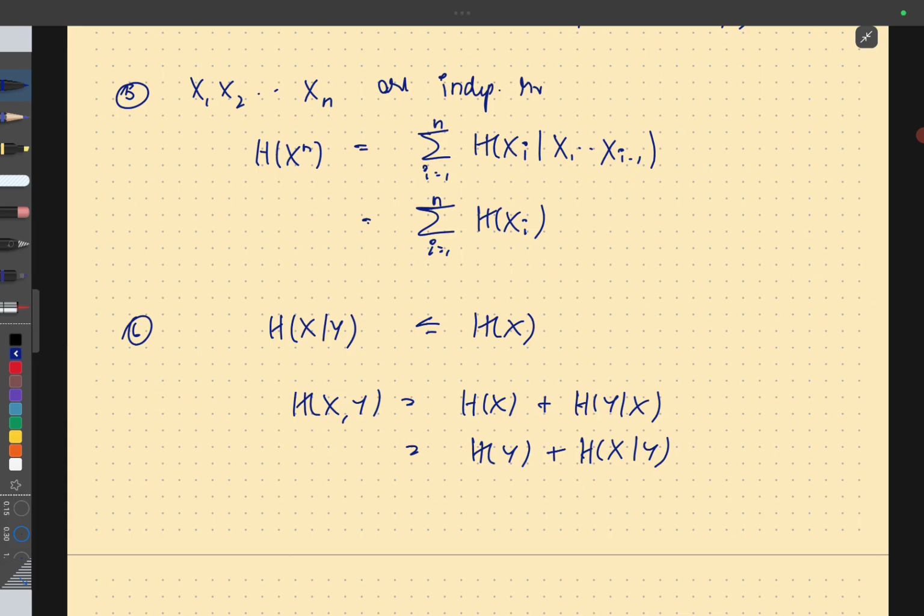Intuitively we understand entropy as the number of bits used to encode X. So even if we have the bits for Y, that would reduce the number of bits needed. Intuitively, that seems fine, but I want to prove it. H of X is non-negative, so H of X given Y is also non-negative.